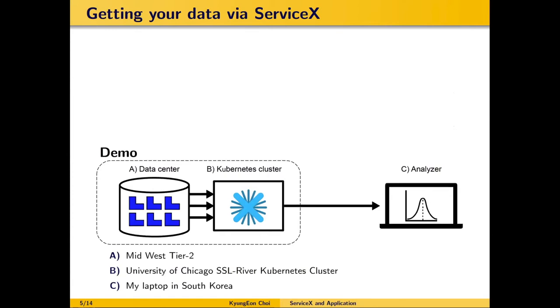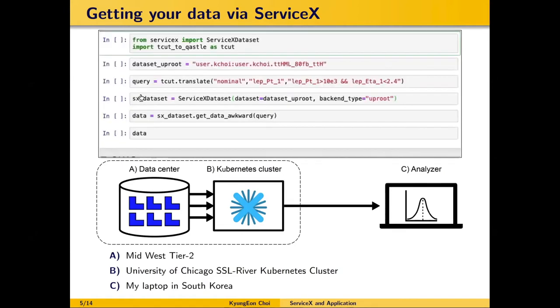Let me show you a recorded demo that uses ServiceX deployed at the University of Chicago River cluster, reads a 76 gigabyte dataset stored at Midwest Tier 2, and delivers a column after pre-selection to my laptop in South Korea. So it's basically the same Jupyter notebook that I showed, but with real values.